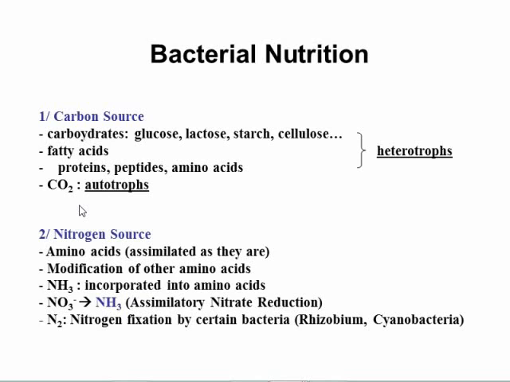And you'll have ammonium present if bacteria live in a reducing environment, no oxygen. If bacteria are present in an oxygenated environment, probably there's not very much free ammonium around, but there might be nitrate. In which case, the first step towards assimilation will be reduction of the nitrate to ammonium, and then its incorporation into amino acids.